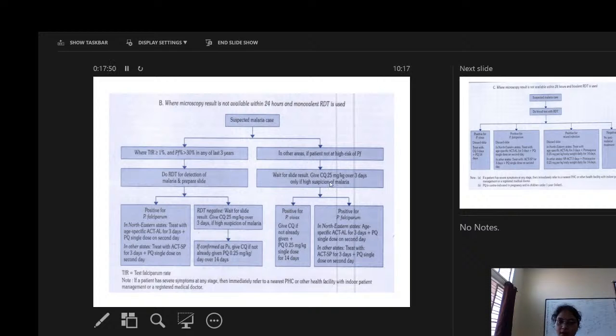Only if there is high suspicion of malaria, give chloroquine for 3 days. Then if Vivax positive, you continue chloroquine and start Primaquine. If it is positive for falciparum, treat as I told you before: ACT-AL for 3 days, Primaquine on the second day. In other states, ACT-SP for 3 days, Primaquine on the second day.